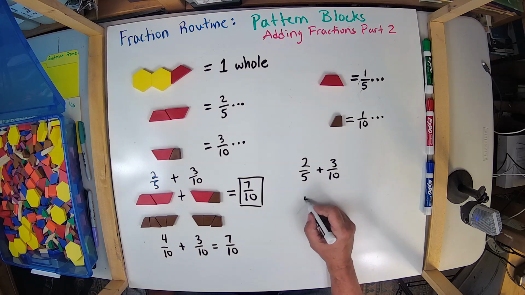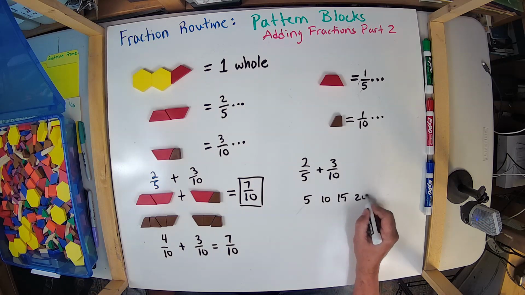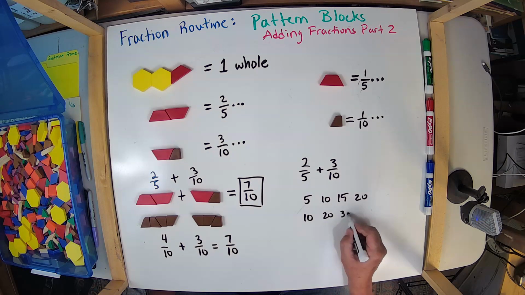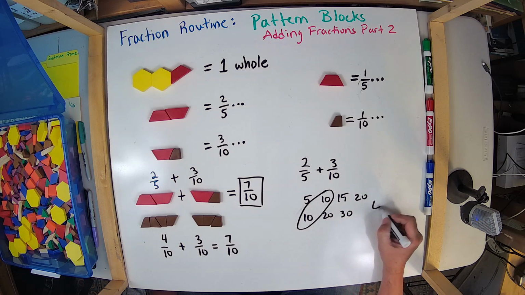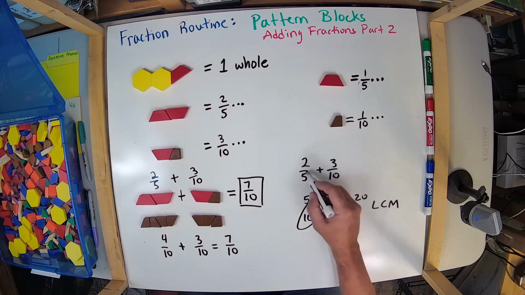And so you might say 5, 10, 15, 20, like that. And then you might say 10, 20, 30. And you tell the kids to circle the first time they have a common multiple. You'll call that least common multiple. And then you'll convert. So this one doesn't need to be converted, but that one does.